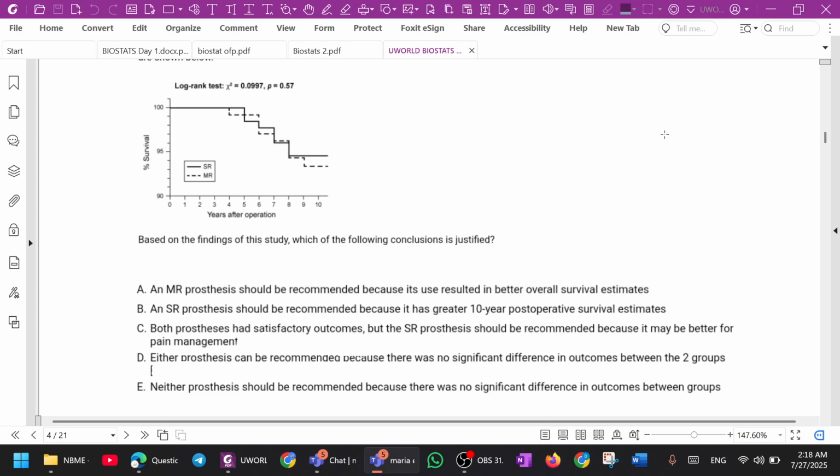Okay, MR prosthesis should be recommended because its use resulted in better overall survival estimates.